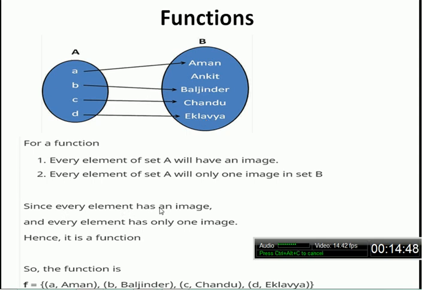Every element of set A has an image and every element has only one image, hence it is a function. A is connected to Aman, B to Baljinder, C to Chandu and D to Ekalavya. So this is the definition of a function.